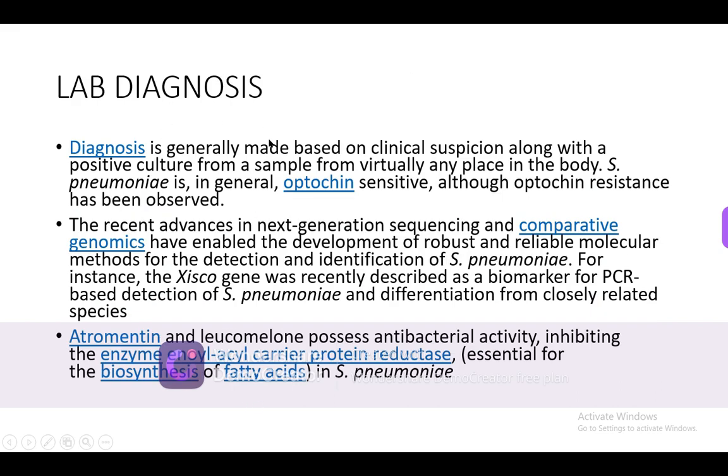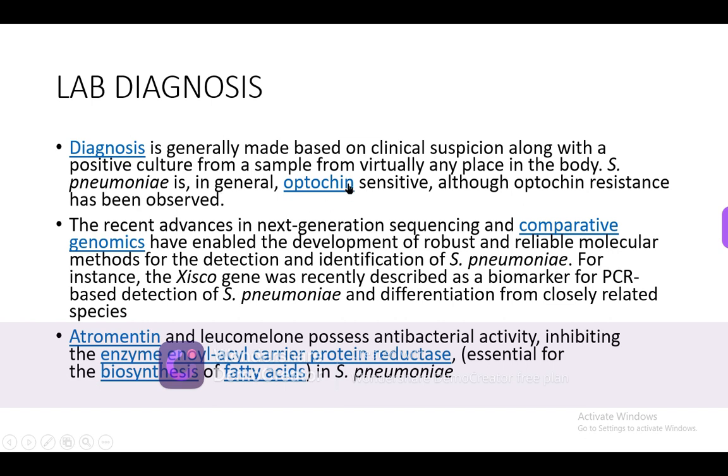The lab diagnosis is generally made on the clinical suspicion along with a positive culture from a sample from virtually any place in the body, whether you are culturing from the bronchoalveolar lavage, sputum, pleural fluid, blood, etc. Streptococcus in general is an oxygen-sensitive organism, although in some geographical areas oxygen resistance has been observed.